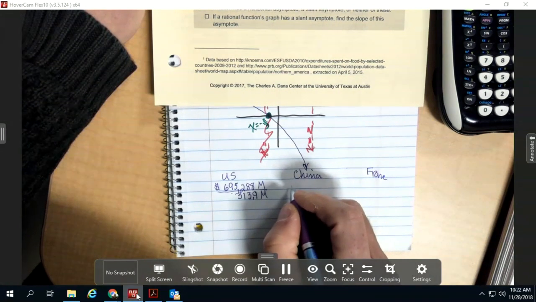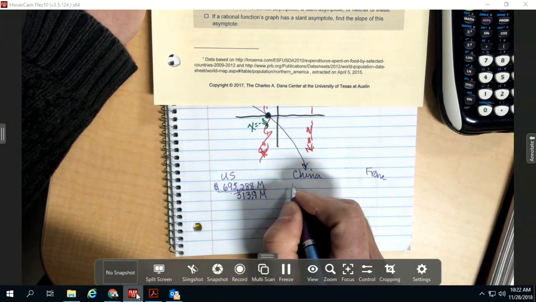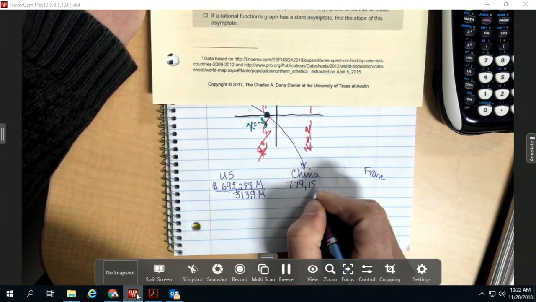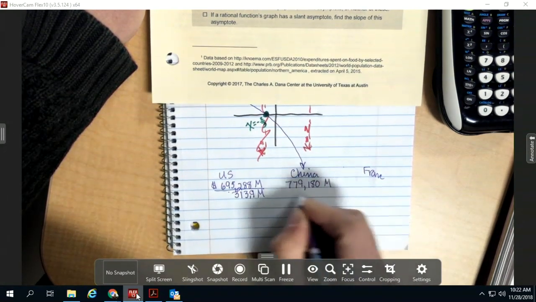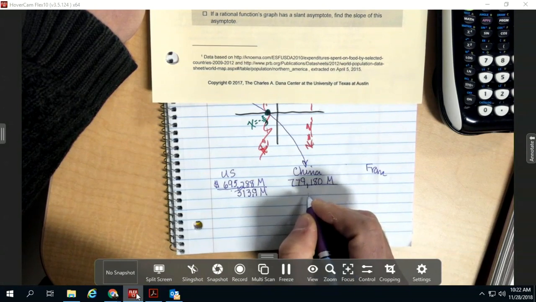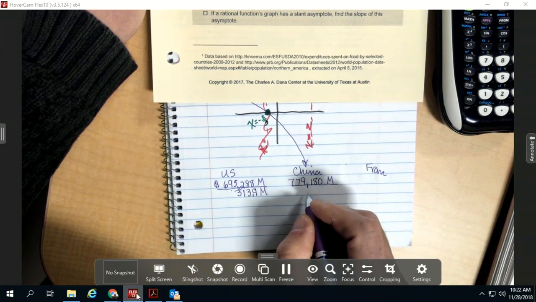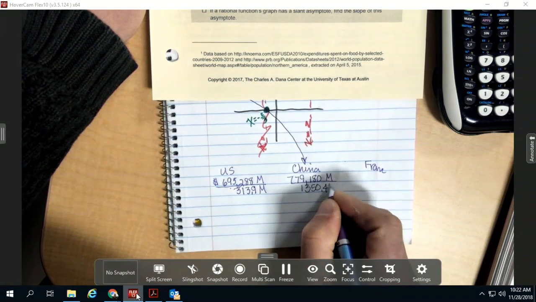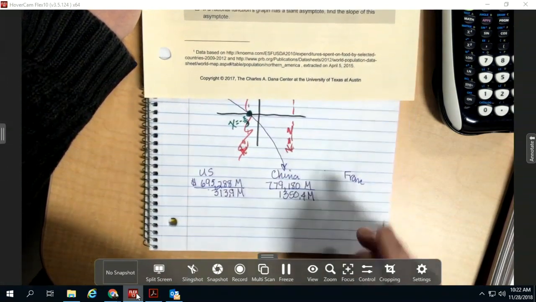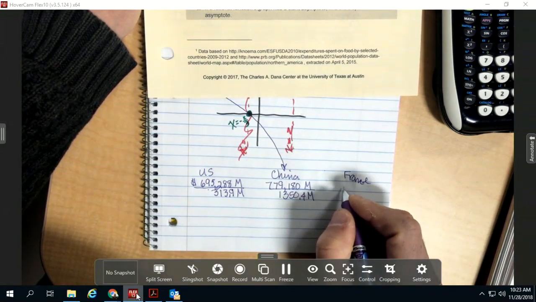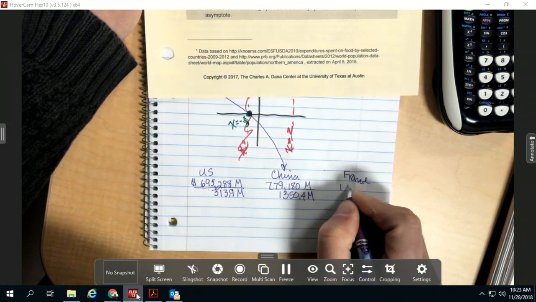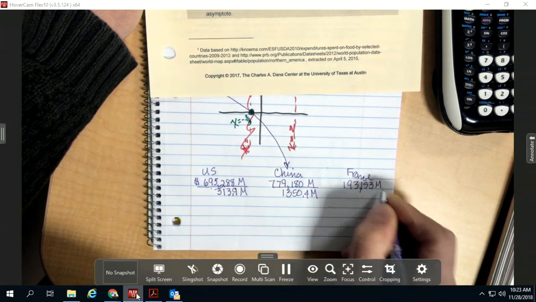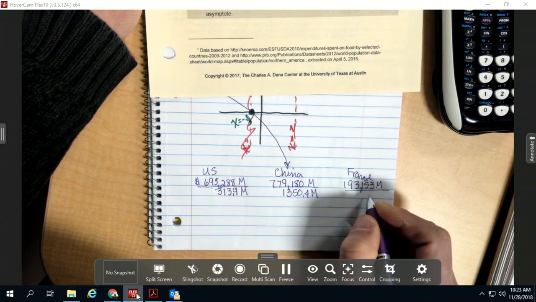China was 779,180 million divided by 1,350.4 million people. And then for France, it was 193,153 million divided by 63.6 million.